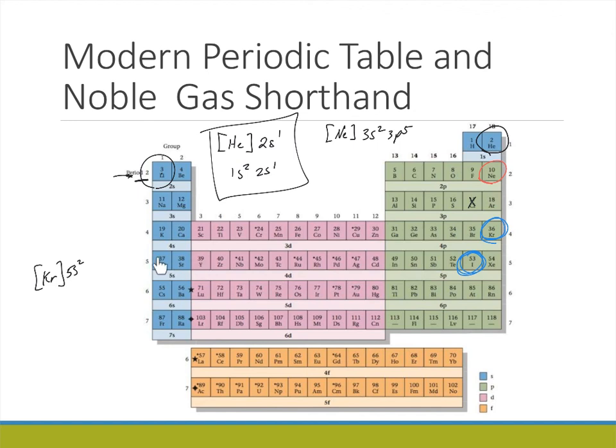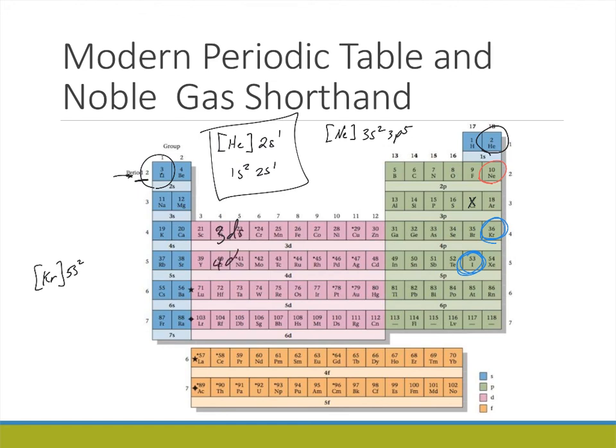Okay, you would think that this would be the 5d, but remember that with our d block, where do d orbitals show up? They actually show up in period 3, but they're just not filled. So when we start going through the d block, we didn't talk about this, but this is actually n minus 1. So this is 4. This starts the 3 d's. So this is the 3 d's.